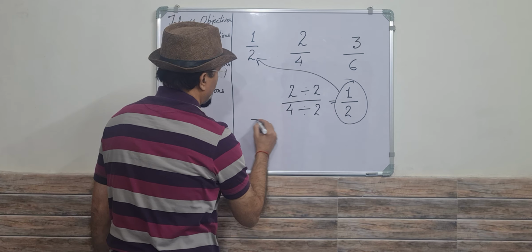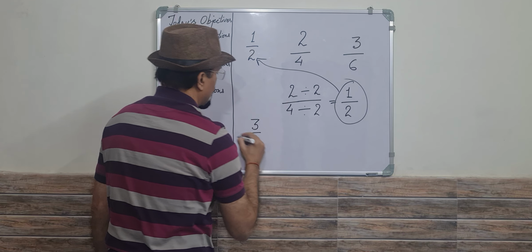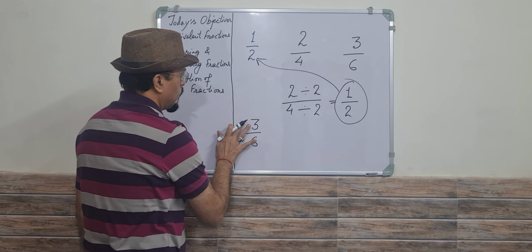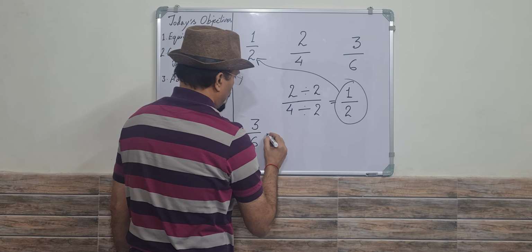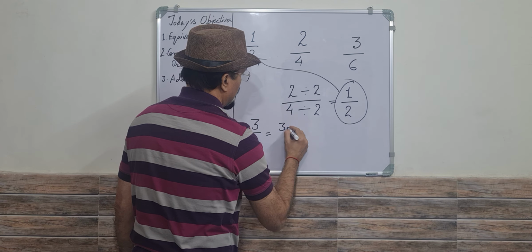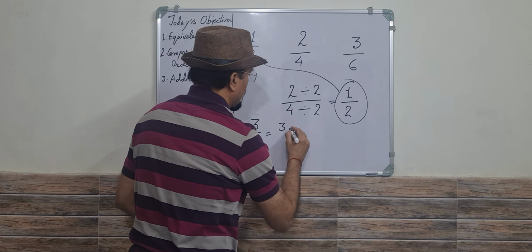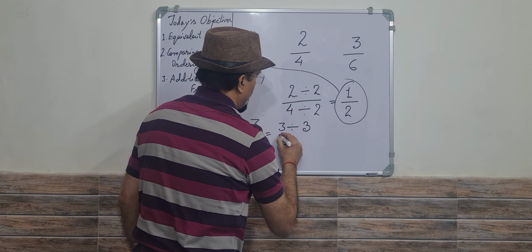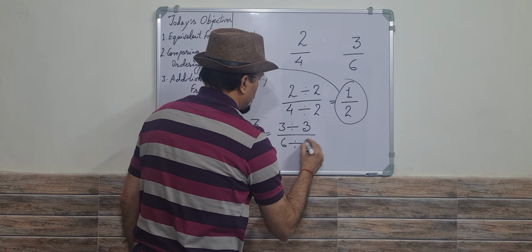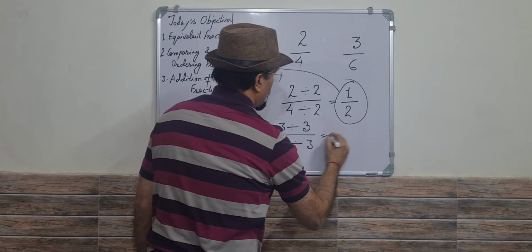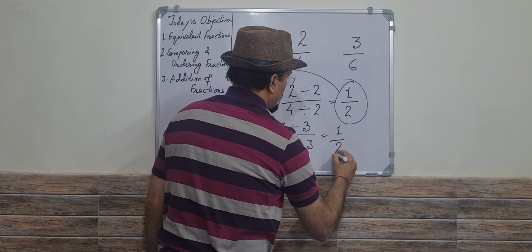Similarly, if I divide 3 by 6, where 3 is the numerator and 6 is the denominator, I divide both by 3, so this would be 1 and this would be 2.